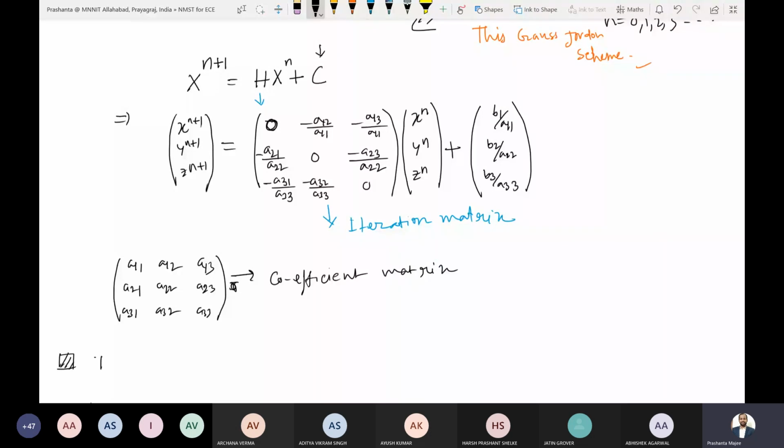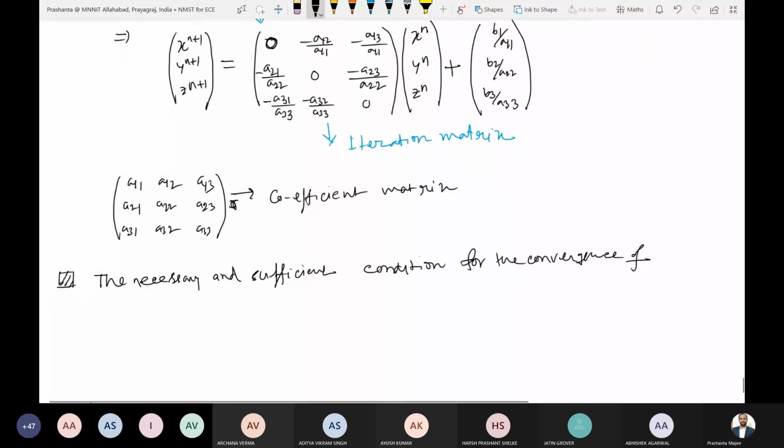So the necessary and sufficient condition for the convergence of the Gauss-Jordan method is that the iteration matrix has to be, rho of H.